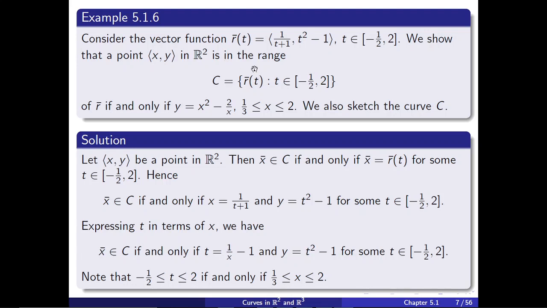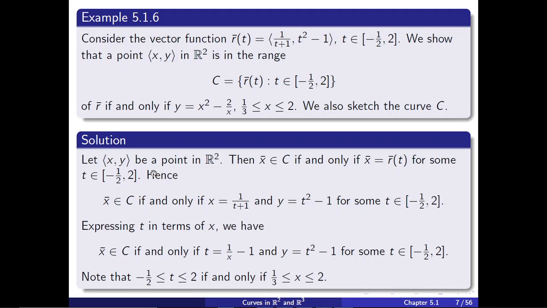We also want to show that a point x is in C if and only if y is equal to 1 over x squared minus 2 over x, where x is in the interval a third to 2, and then we also sketch the curve.